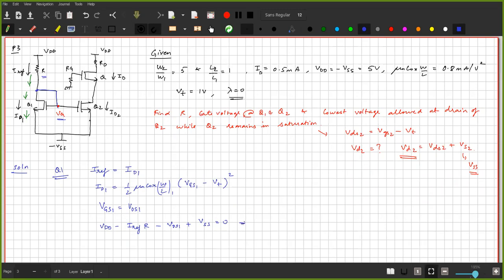So from this I can write IREF, which is ID1, equals VDD minus VDS1 plus VSS divided by R. Now this is equation 1, this is equation 2.